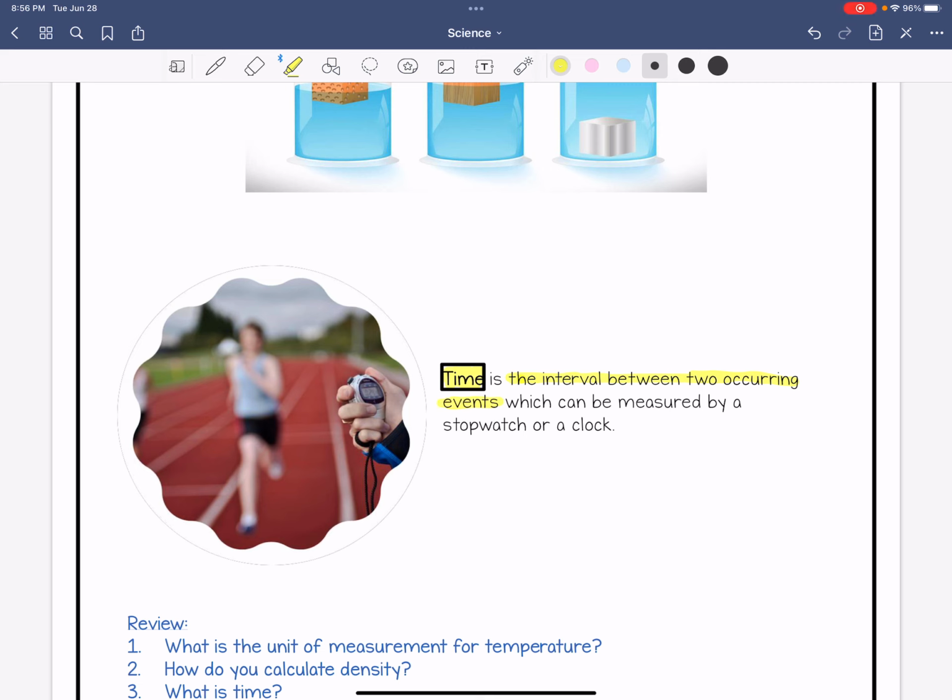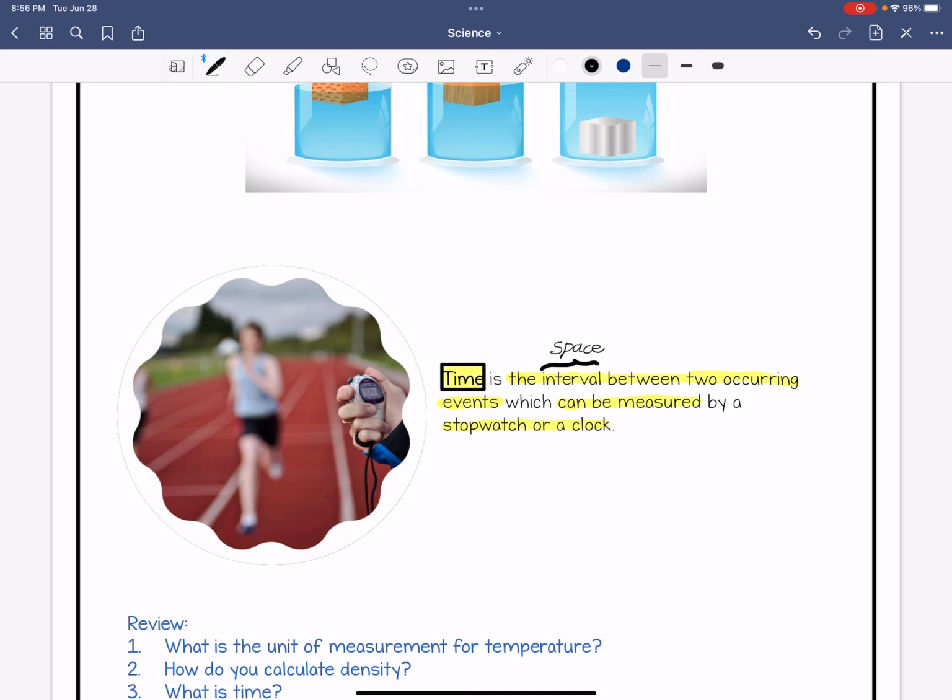And it can be measured by a stopwatch or a clock. An interval, you can think of that as another word for space. The space between two occurring events, which can be measured by a stopwatch or a clock.